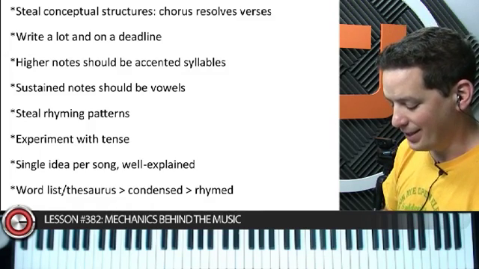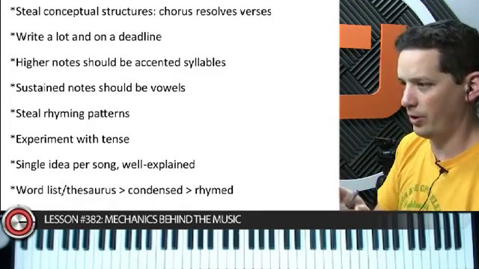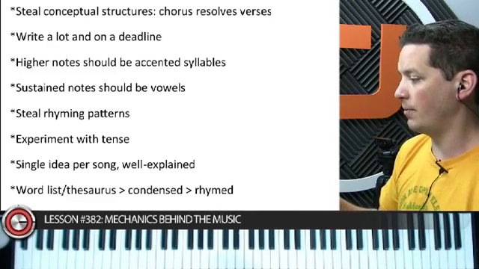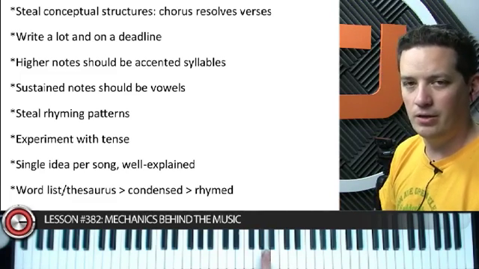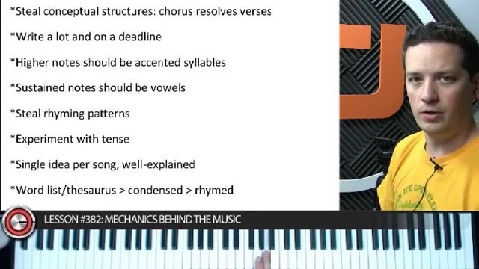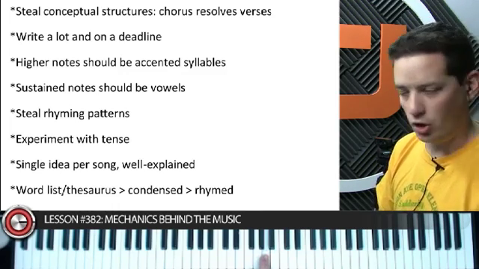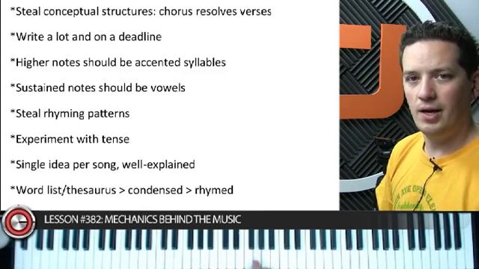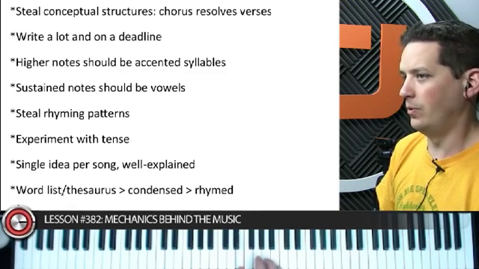Higher notes should be accented syllables. Whenever you have a multiple syllable word, in most cases, if you have some phrase, this note right here should be an accented part of the word. So if you have the word "bigger," for example, this should be the "big" part.